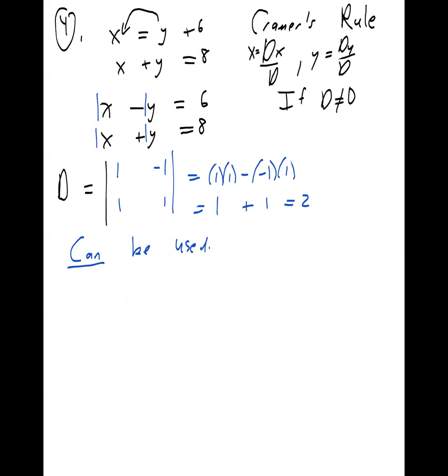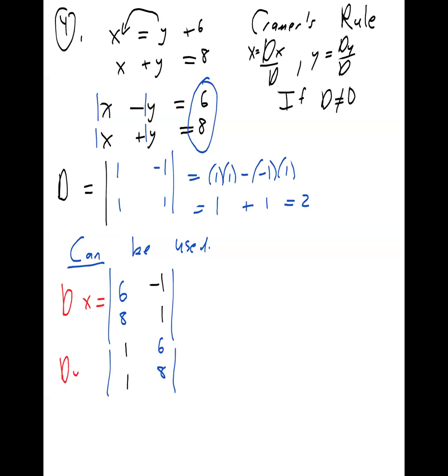So I take these numbers right here, 6 and 8, and I plug them in where the x coefficients used to be, and then I plug 6 and 8 into where the y coefficients used to be, and I'll leave the other numbers the same as they were in the original determinant. Then I have found dx for that one and dy for that one.